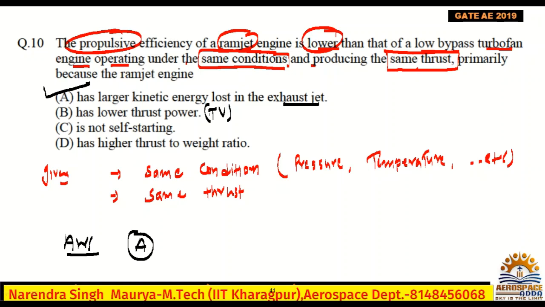Yes, ramjet engine is not self-starting. That is correct, but that is not a reason for lowering the propulsive efficiency of ramjet. Has higher thrust to weight ratio? No, ramjet does not have a higher thrust to weight ratio. In fact, turbofan has a higher thrust to weight ratio. Heavy weight of turbofan engine is there. So what is the correct answer? Option is correct. All right. I hope you understood this.